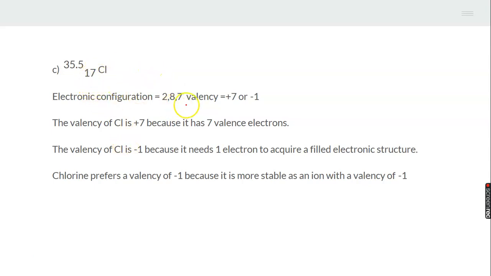Chlorine is 2,8,7, so it has a valency of +7, but because of the affinity for electrons, it prefers to exhibit the -1 valency state, because it's easier for them to take 1 and become stable than to lose 7. They can't give out electrons, but they can easily receive from mainly metal groups.